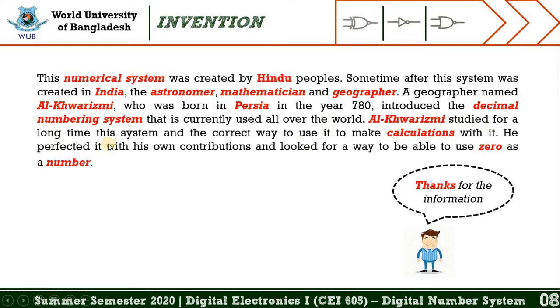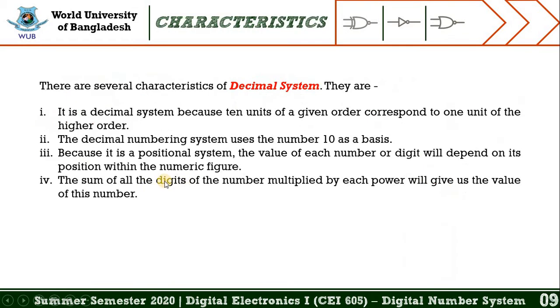Al-Khwarizmi studied this system for a long time and the correct way to use it to make calculations. He perfected it with his own contributions and looked for a way to be able to use 0 as a number. So let's move into the next slide.